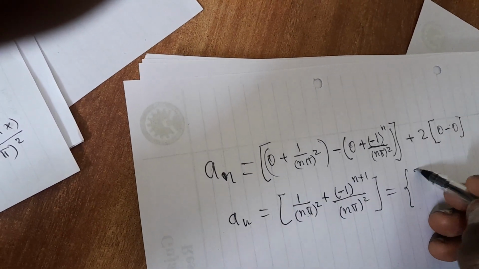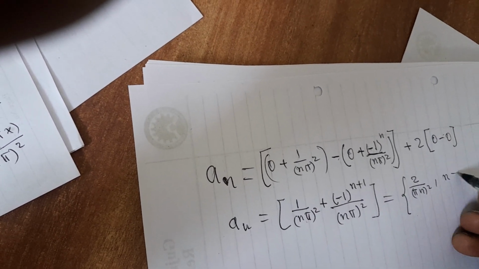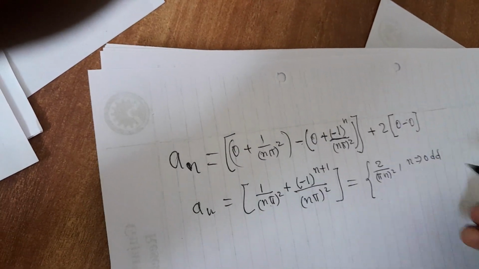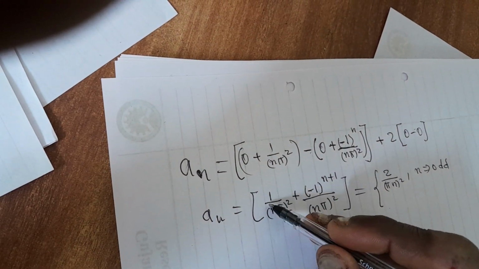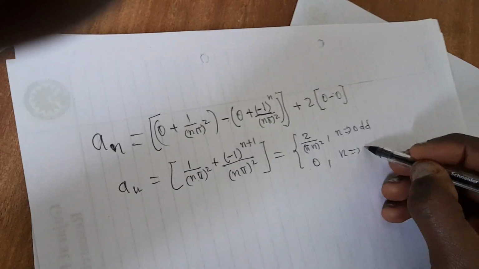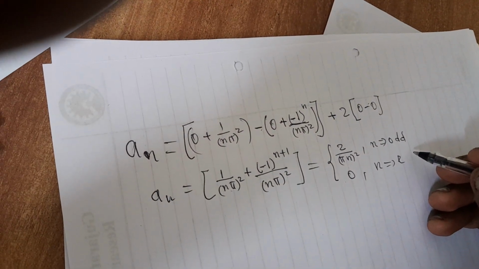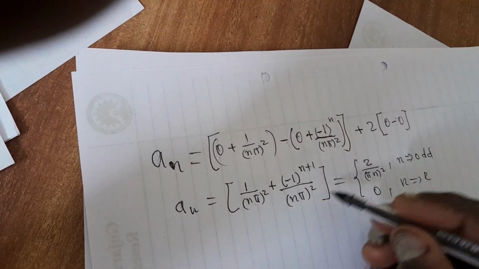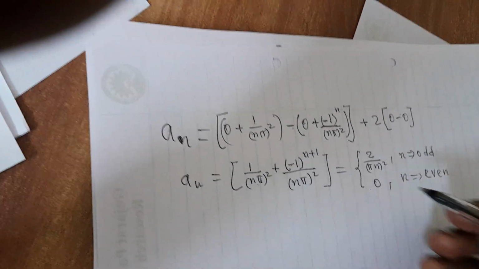Then for odd n, I will get 2 upon n pi square. But when n is even, this will be minus 1 minus 1, which is 0. So the series will not exist for n even; for n even it will be 0.